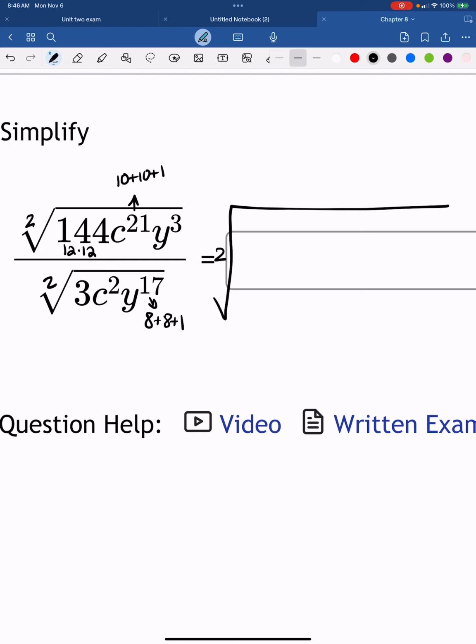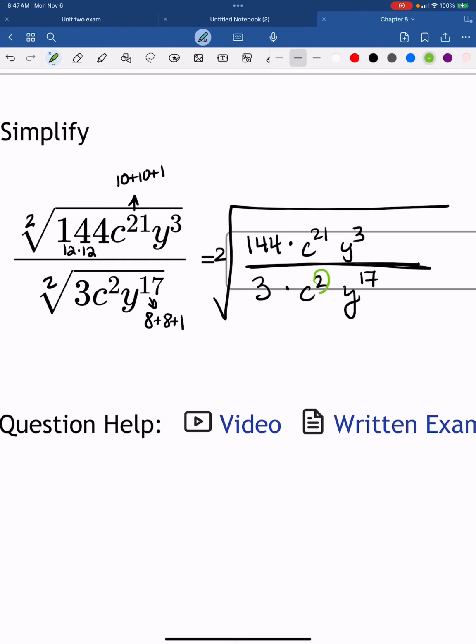But let's see, once we make it into one fraction, if we need to do that. So 144, we have 144 times c to the 21 y cubed over 3 times c squared y to the 17th.